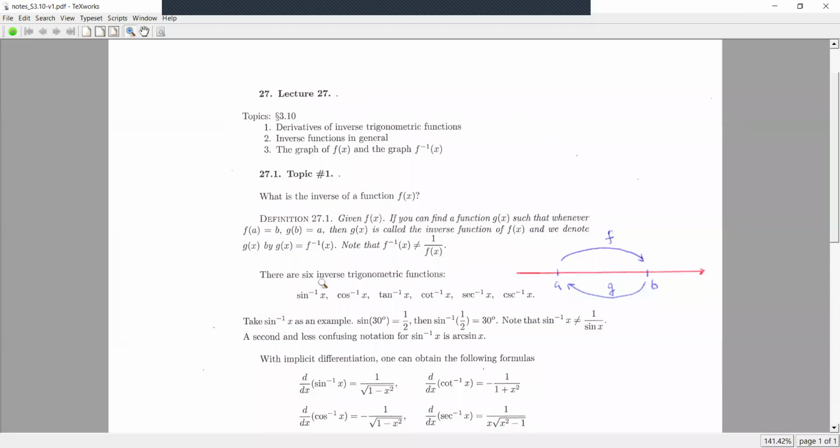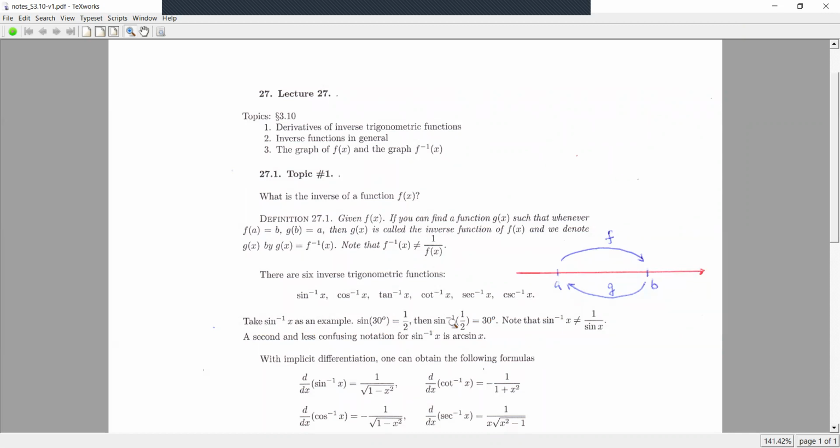There are 6 inverse trigonometry functions: inverse sine, inverse cosine, inverse tangent, inverse cotangent, inverse secant, and inverse cosecant. Take inverse sine as an example. Sine of 30 degrees is 1/2.